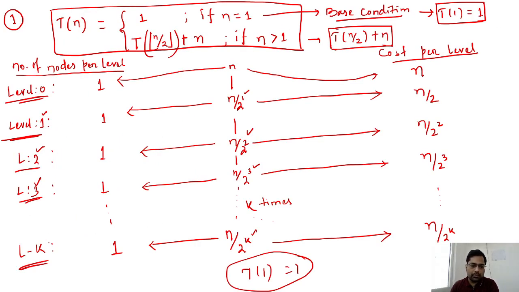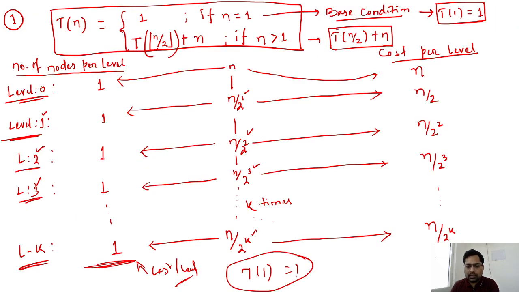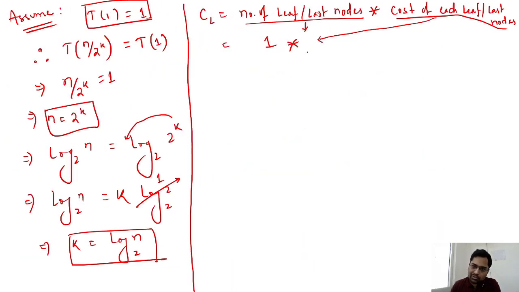So the leaf node, or last node, is 1. So this is your last node or leaf node. So last node or leaf node is 1, simply you write this one. Cost for each leaf node. Cost means you have already reached the final one. The base condition cost will be applied as the cost of each leaf node because you reached it. That's why CL will be 1.